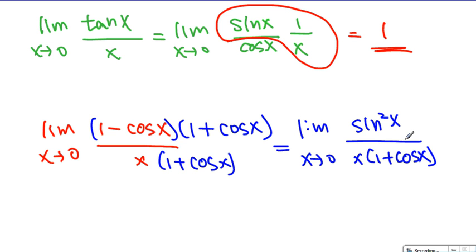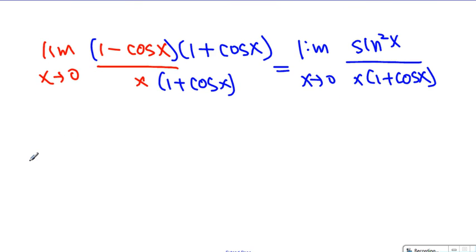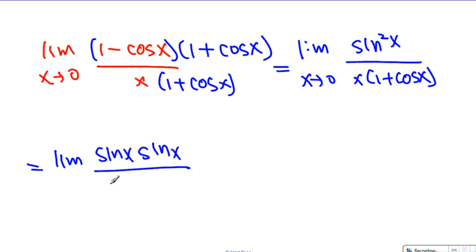Now, here, sine squared, if you rewrite this one, it might be a bit easier to see. This would be equal to the limit of sine of x times sine of x, which makes sine squared x, all over x times 1 plus cosine of x, as x approaches 0.